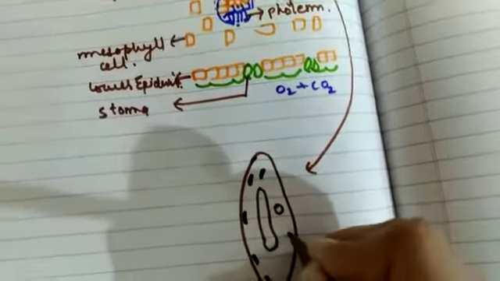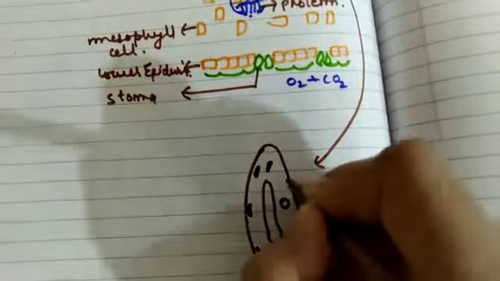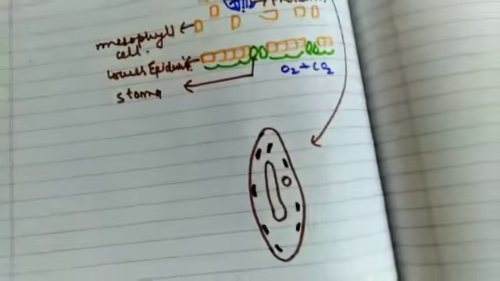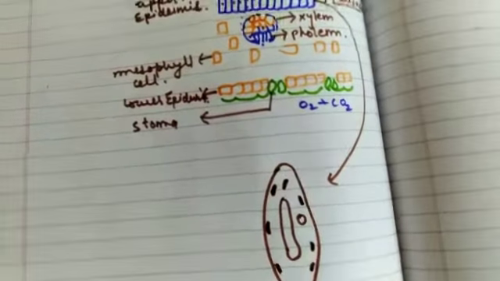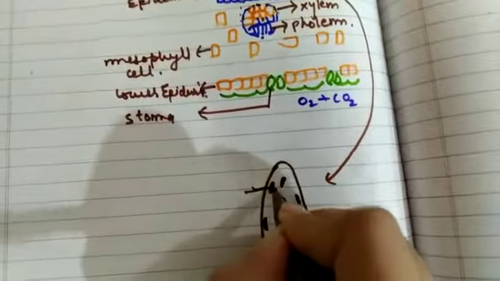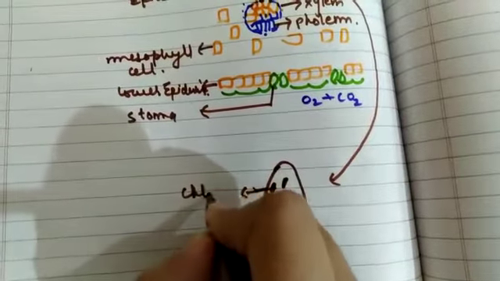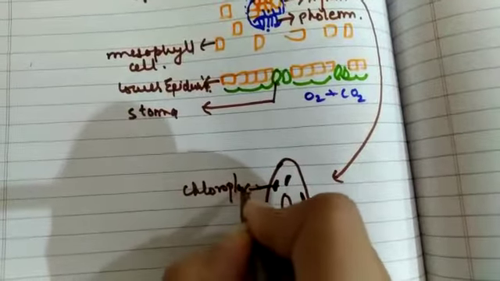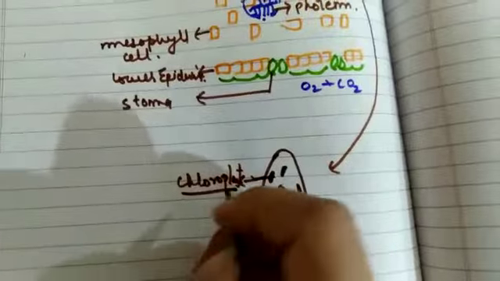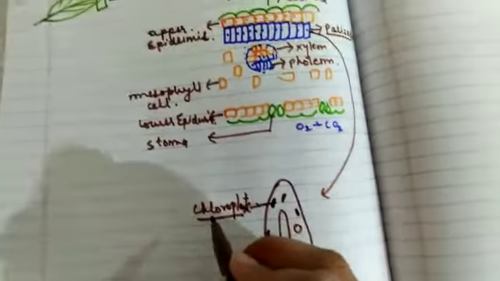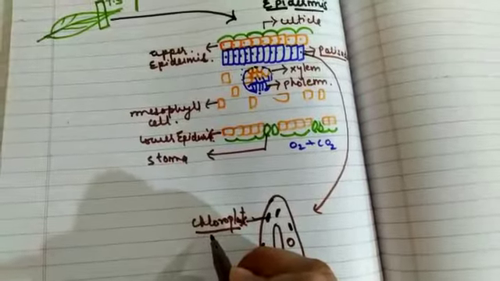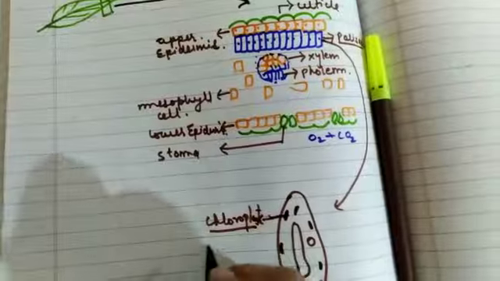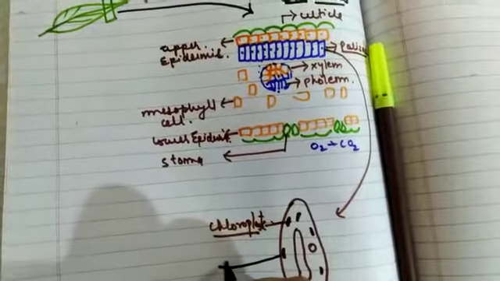These structures are nothing but chloroplasts. This is the main site where exactly photosynthesis occurs.